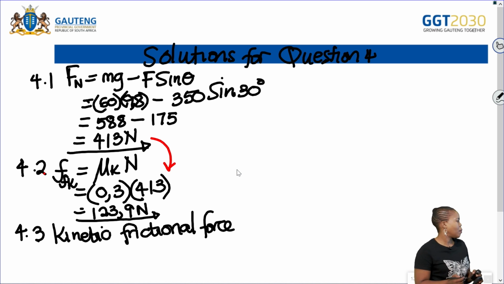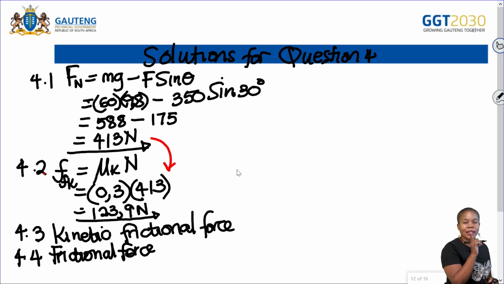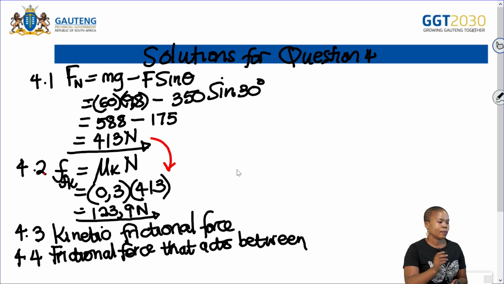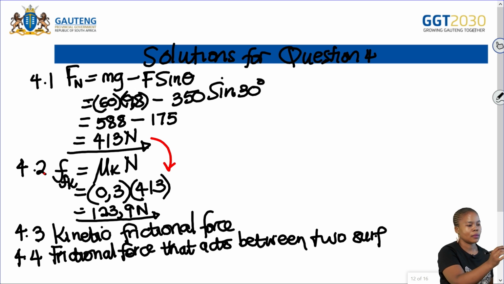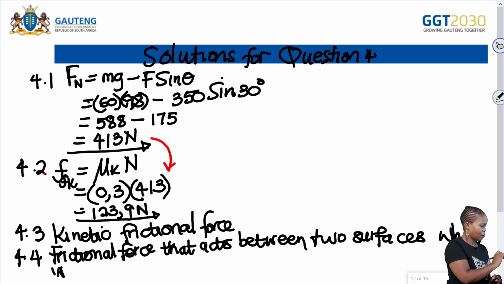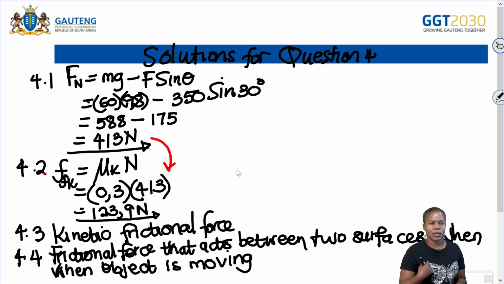It is frictional force that acts between two surfaces when the object is moving, because the word kinetic means movement, meaning that an object is moving.